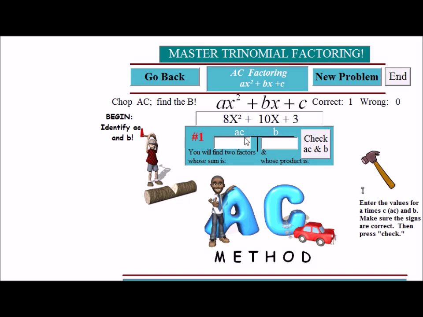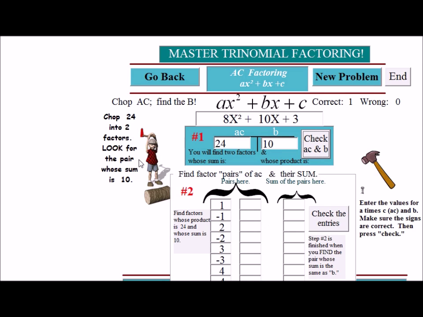AC is 3 times 8, which is 24, not 27, 24. B is 10. Check, make sure that we got those right. Yep. Now we're going to chop these into two pairs, finding pairs that multiply to 24. So 1 and 24.